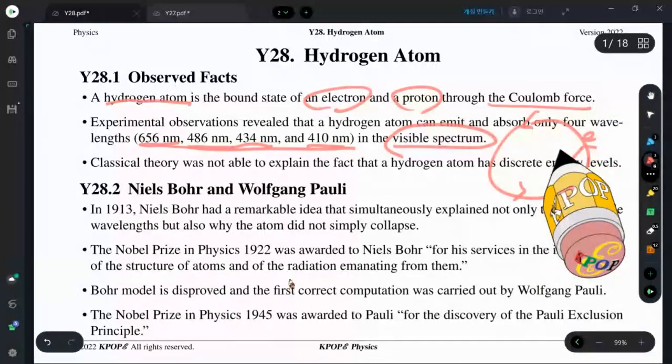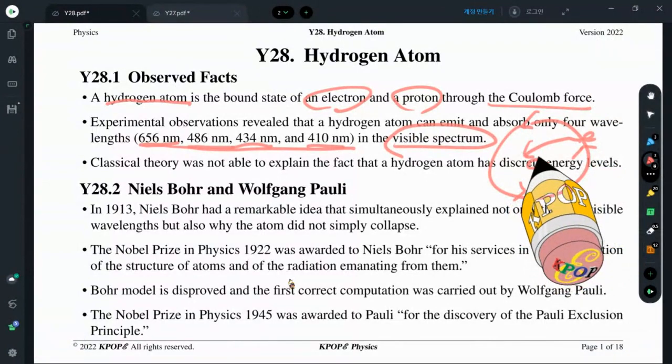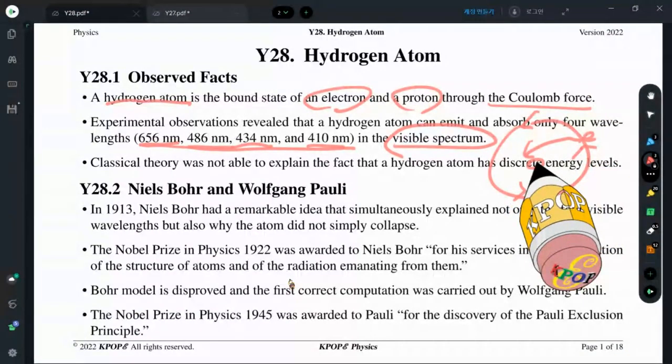If the electron slows down, it must fall down to the proton. If hydrogen decays, our nature must decay, because everything consists of electrons, protons and neutrons. It's nonsense. That doesn't happen. What's wrong with classical mechanics and classical electromagnetism?